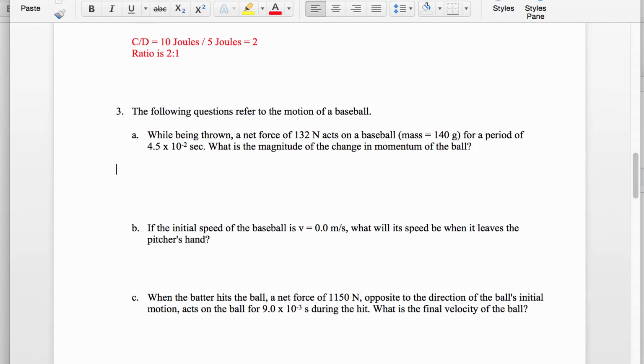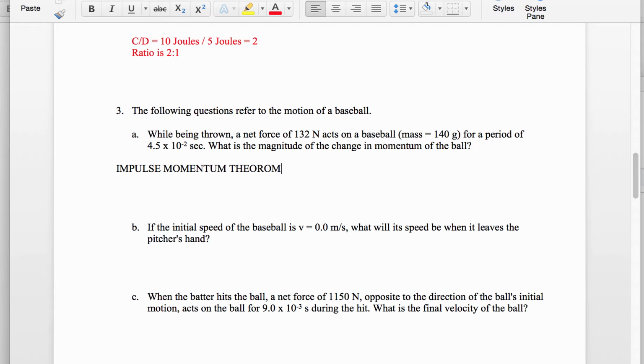Okay, impulse momentum theorem. I forget how to spell theorem. I got it right. It says that change in momentum is caused by a force times a time.